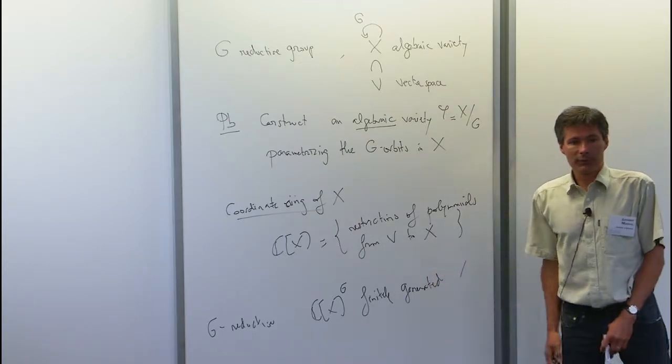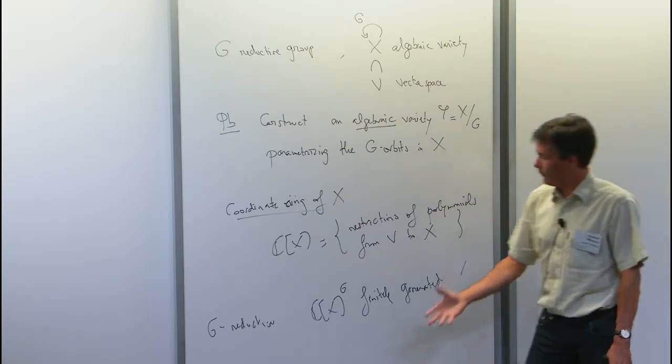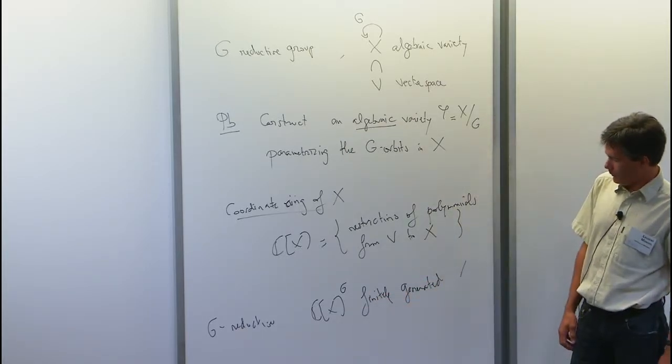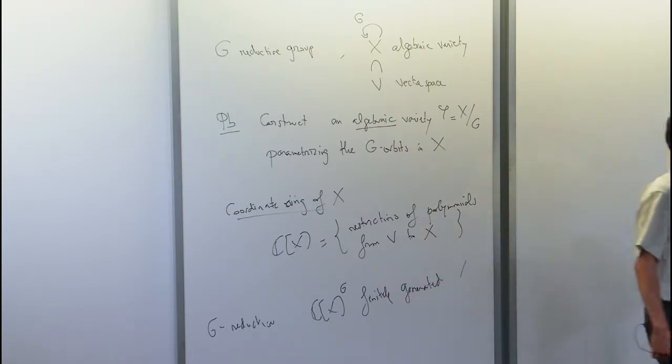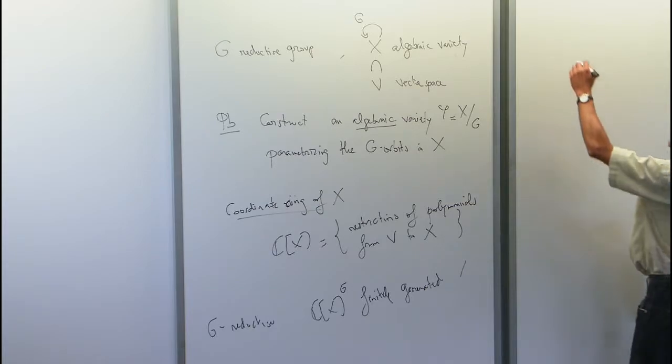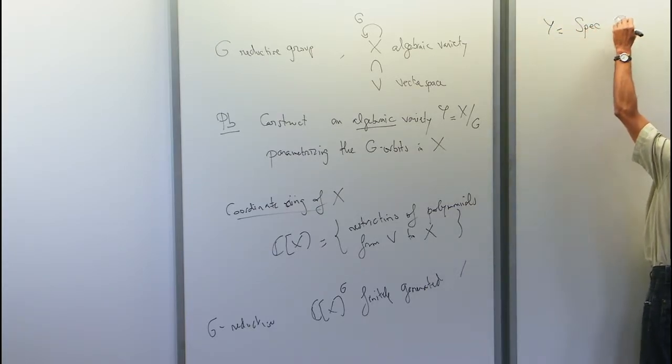If you take the invariants, you still get finitely generated algebras in this context. The algebra of invariant polynomial functions on X is finitely generated. And so then we have an algebraic variety associated to X. The notation is Spec of this algebra.